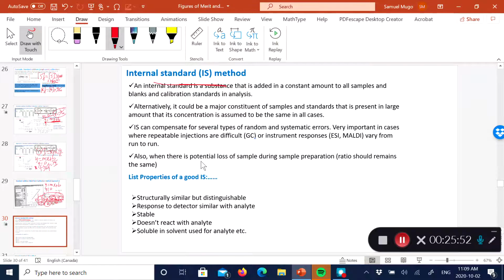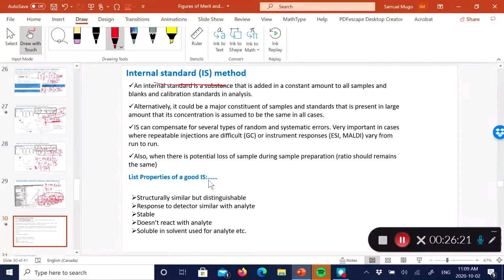Now, with the internal standard method, you're able to correct for those sample preparation irreproducibilities due possibly to sample loss, maybe due to the analyte being adsorbed onto the volumetric flask, maybe the analyte evaporating if you're dealing with analytes with very high vapor pressures, and so forth.